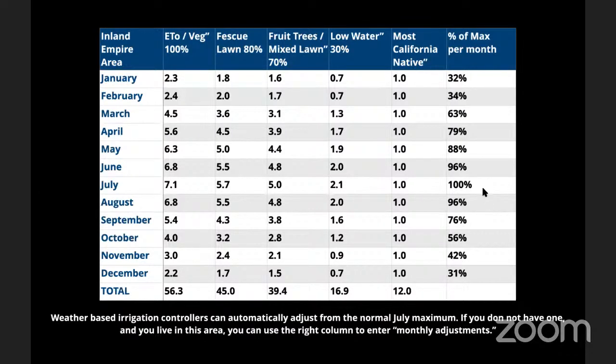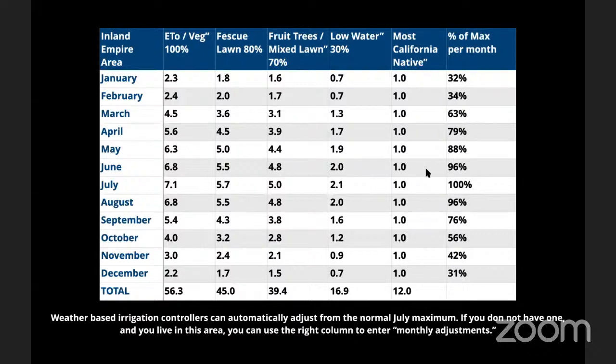So for this local area, inland Southern California, I already did that math for you in this column. And so for the monthly adjustment, that basically means that into your irrigation controller, you can put the minutes for July if you're going to be, for example, running it once a week. And then instead of needing to change those minutes all throughout the year, you can have it automatically adjust when you go to the monthly adjustment.